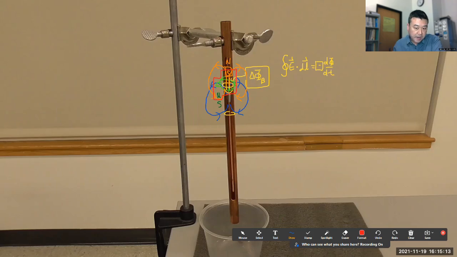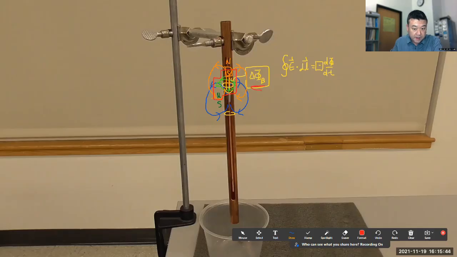And you can do this kind of analysis for any loops within the conductor that's surrounding this moving magnet. And what you'll find is that the direction of this magnet will always be oriented in such a way that it opposes the motion of the magnet, the permanent magnet that's causing the original change in magnetic flux.